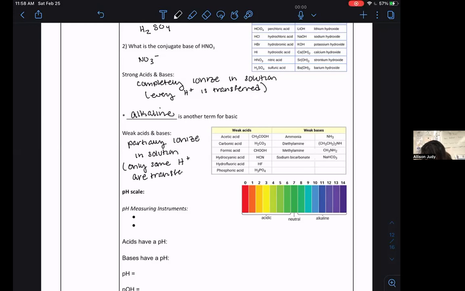So with a weak acid or base, not every single molecule is going to give up that H or accept that H. Some of them are going to be like, no, I don't really need it. It's not as favorable to give it up or to receive it. It's possible, but it's not as favorable.